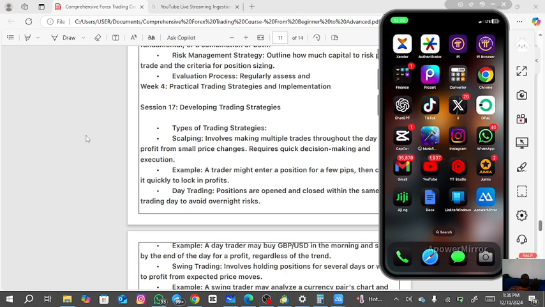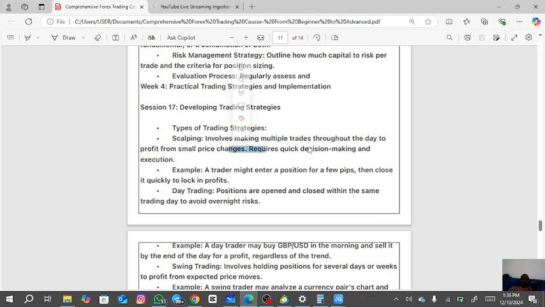The scalpers make multiple trades throughout the day to profit from small price changes, right? It requires quick decision making and execution. A trader might enter a position for a few pips, then close it quickly to lock in profits.